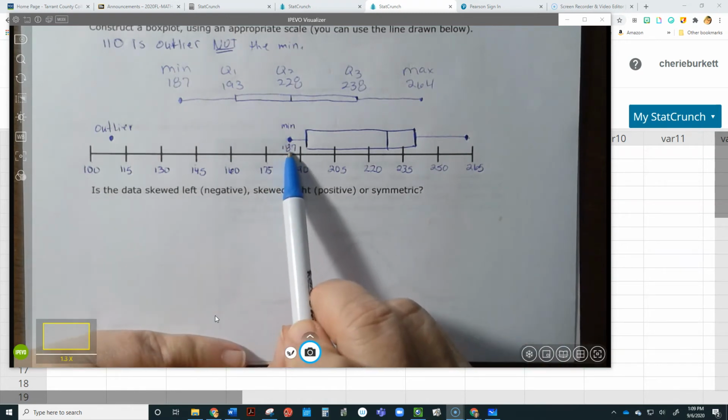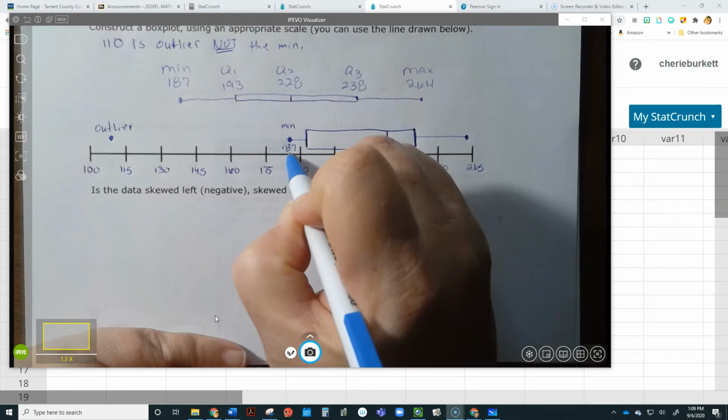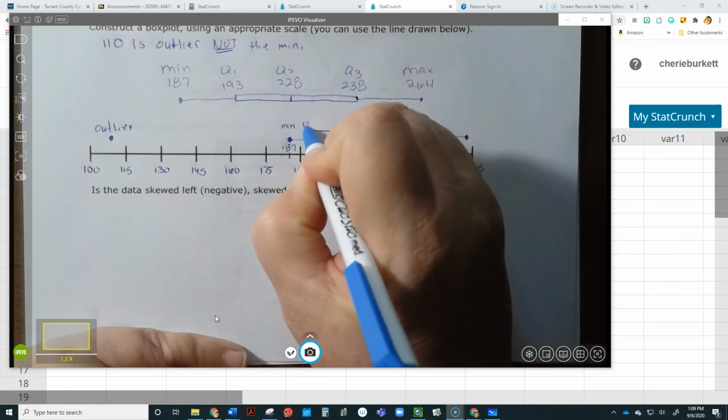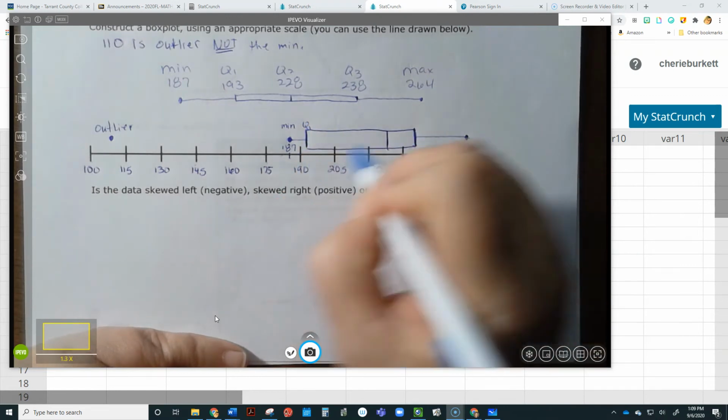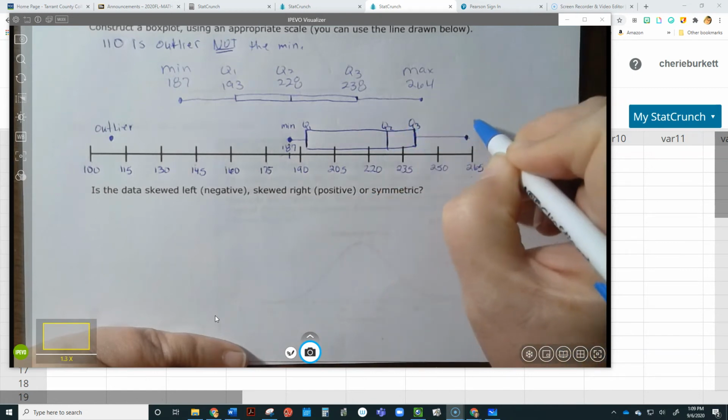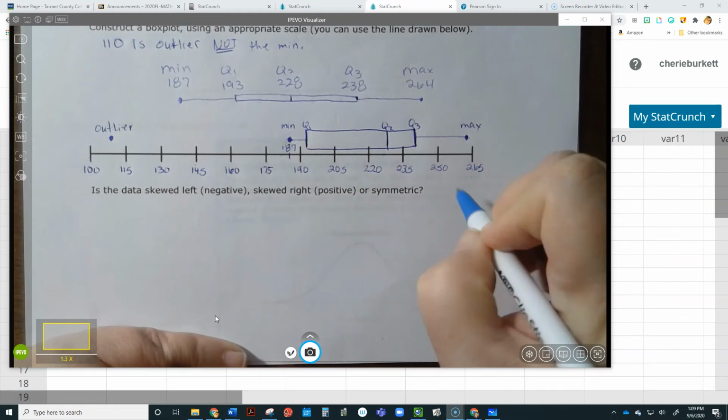It's not absolutely necessary, but I want to show you that the 187 is appropriately placed. And then this is Q1, and this is Q2, and this is Q3, and this is the maximum.